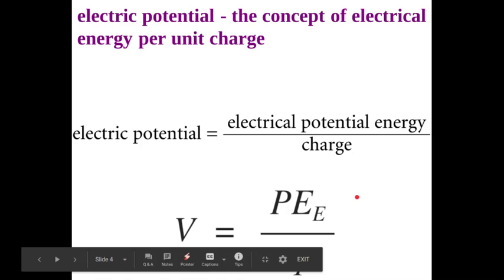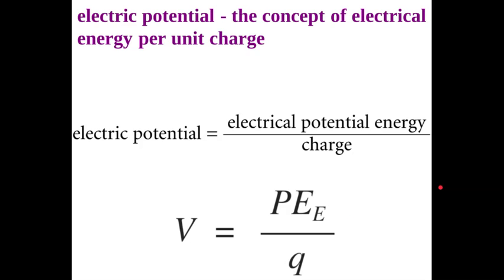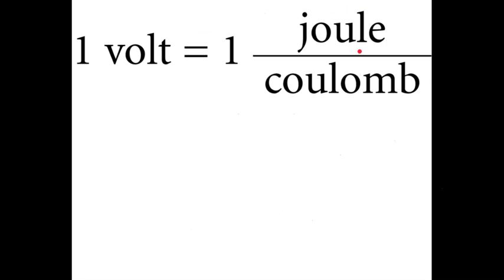So since we have a potential energy divided by an amount of charge, energy is measured in joules, charge is measured in coulombs. So electric potential is the joules per coulomb. We have since renamed joules per coulomb a volt. And that is why the symbol for electric potential is a V.